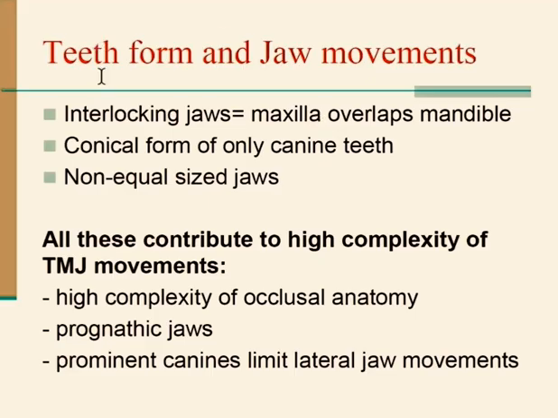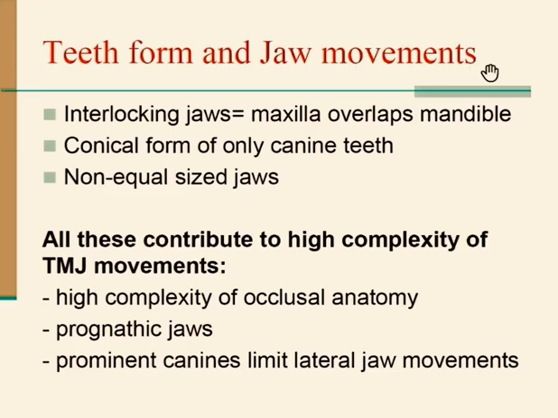In the human, the temporomandibular joint is a complex movement jaw. We don't have simple opening and closing. We have a complex morphology, isognathic jaws, which are equal sized but overlapping, and in the animals we also have not much lateral movement. In the human, we have complex movement and we have lateral excursions.